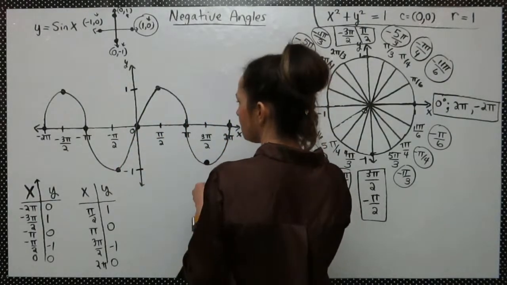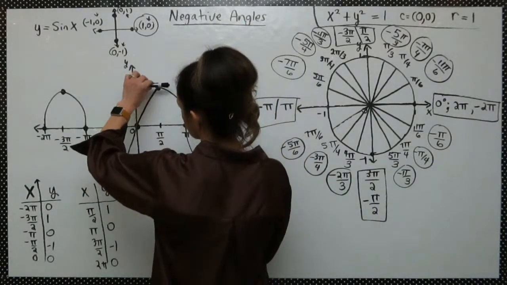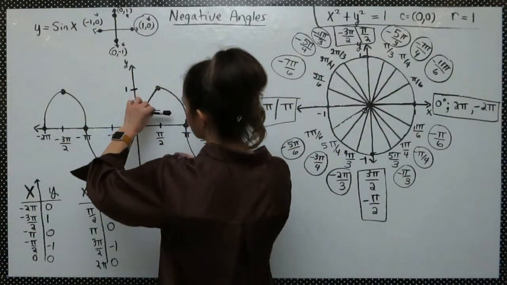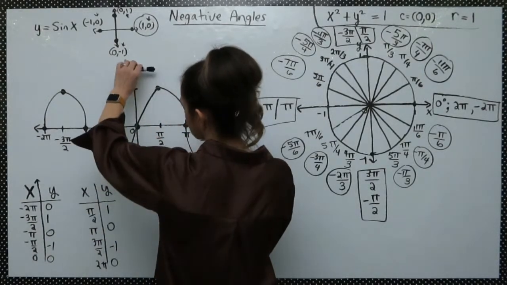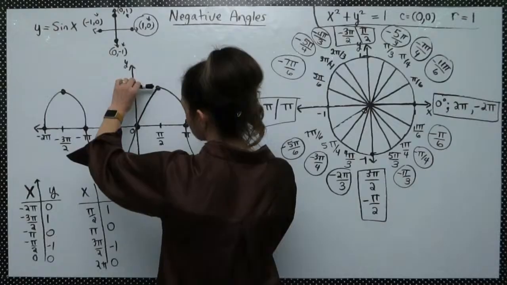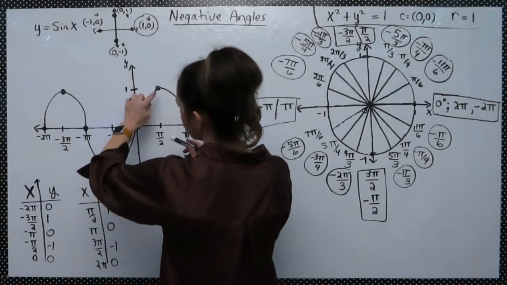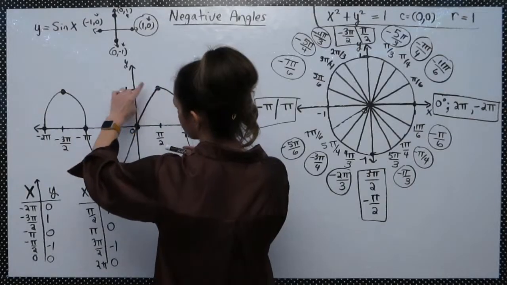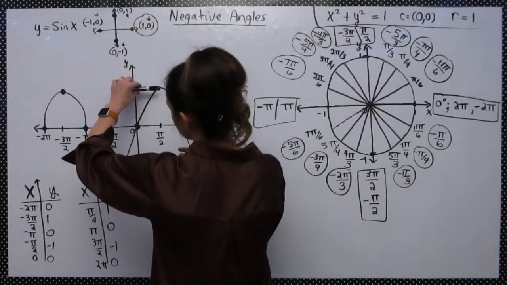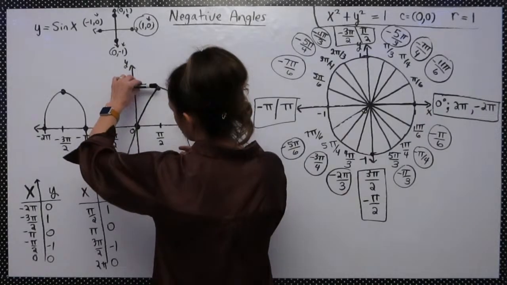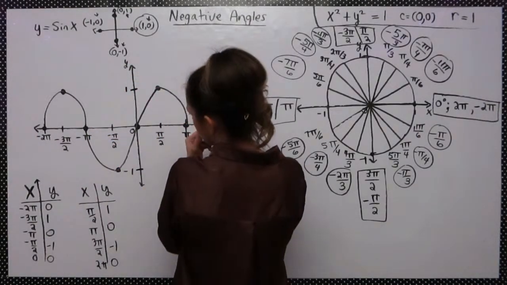However, it does not pass the horizontal line test, because to test to see if it's a one-to-one function, it's going to fail every time there's a repeat in the graph. So it's leading to multiple values in your range, and it's failing every time there's a repeat.